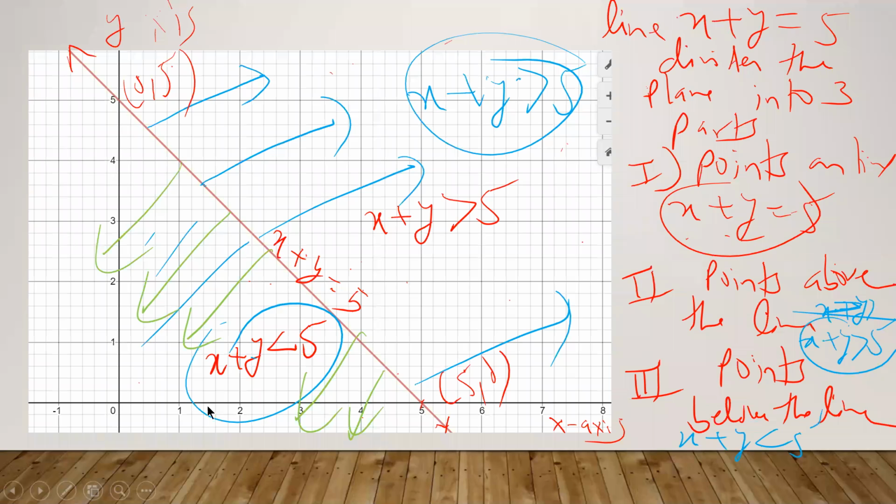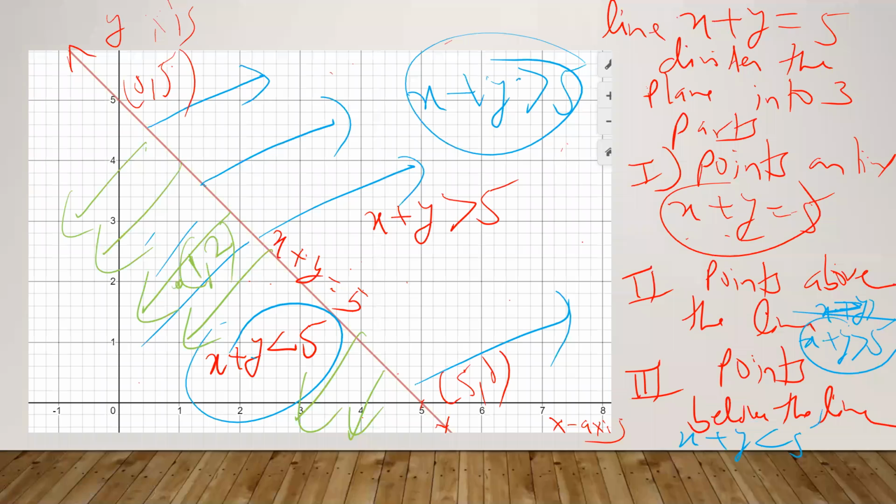Similarly, this region which I have denoted by green arrows is represented by the inequality x plus y less than 5. You may check here. You take any point in this region. For example, let me take a point here. The x coordinate is 1, the y coordinate is 2. You put x equal to 1 and y equal to 2. You will get 1 plus 2, that is less than 5.